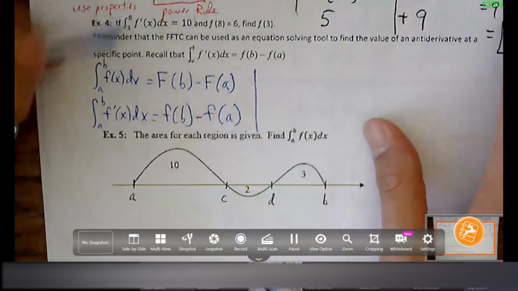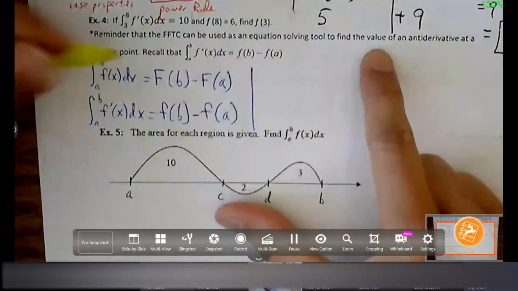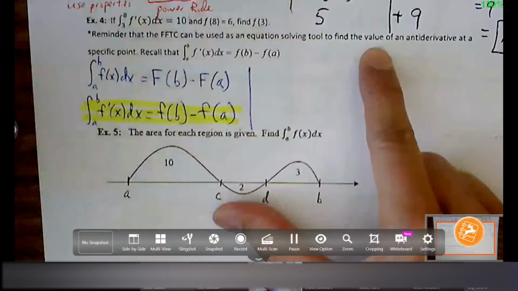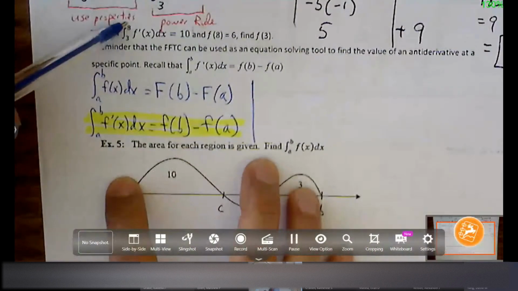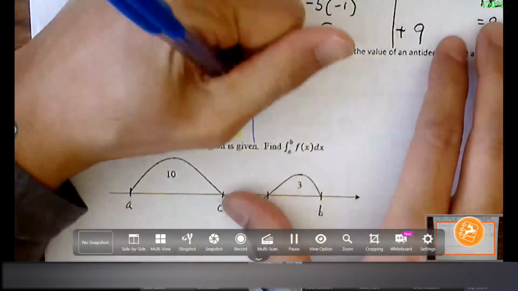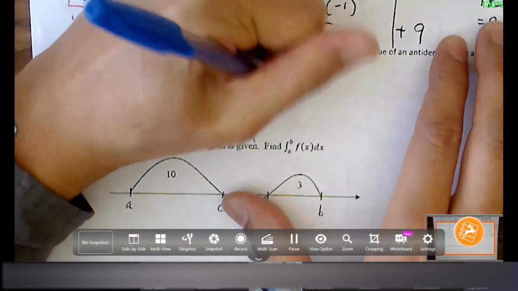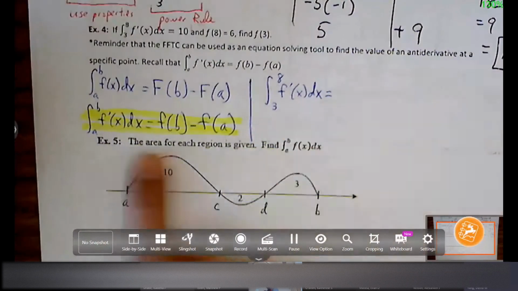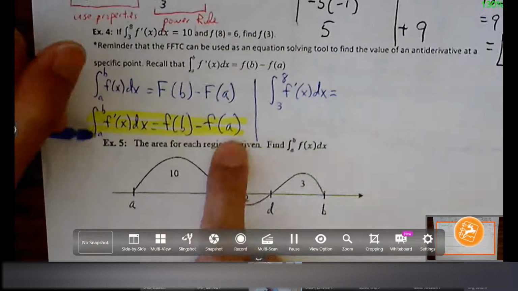So I'm just going to take this information and put it into this adapted theorem. I have 3 to 8, so I'll put 3 in for A, I'll put 8 in for B. So f prime becomes f. I'll replace B with 8, replace A with 3.